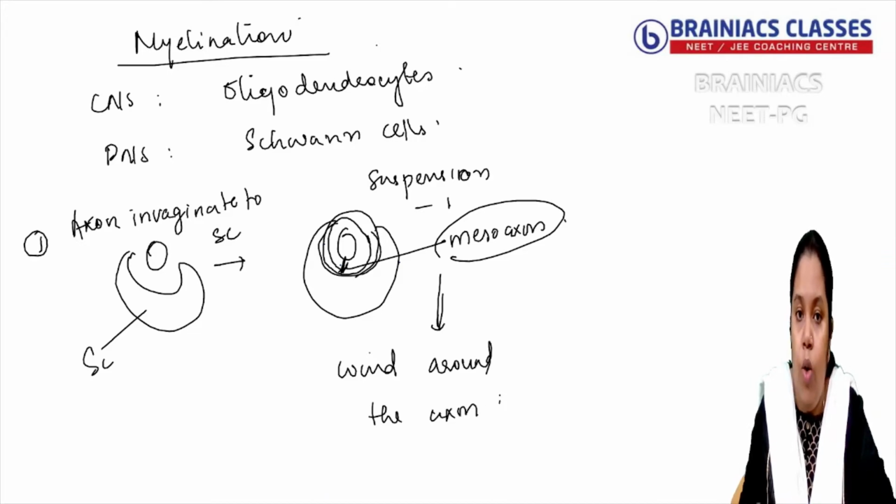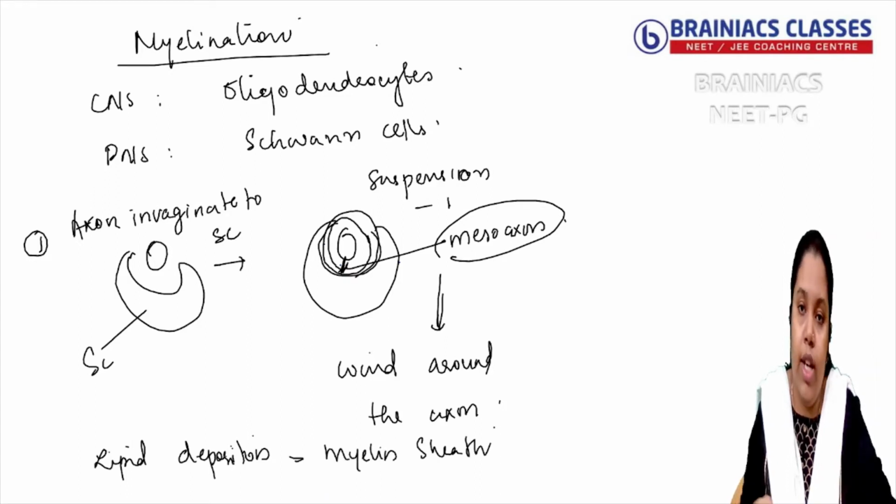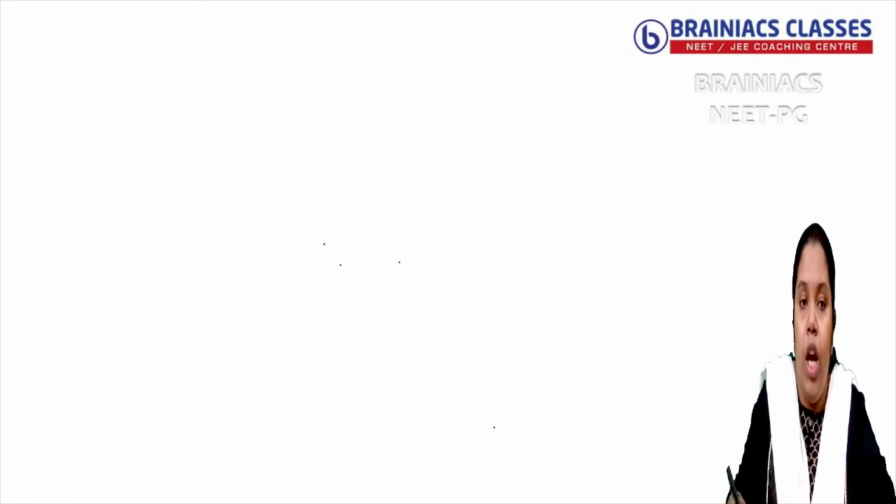Now over this winding, lipid deposition occurs, resulting in the formation of the myelin sheath. Understand how myelination occurs?